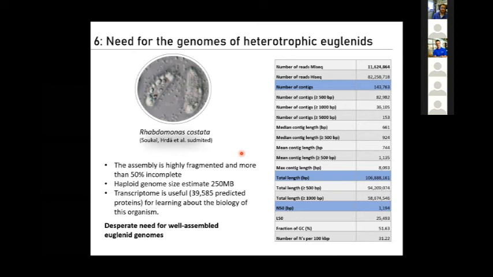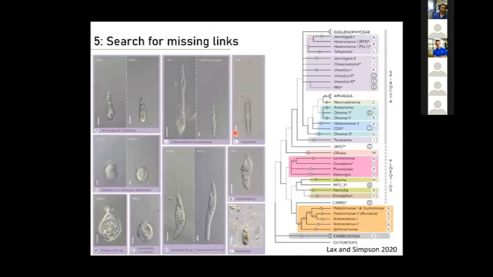One thing that's important for context is that the large tree dominated by phagotrophs that Vlada showed was based on our work, which is overwhelmingly done using single cell methods rather than from cultures. So the availability of cultures across the phagotrophic part of the Euglena tree is very spotty. For example, I'm not aware of any cultures from the phagotrophic lineage that is the best estimate for the sister group to green euglenids.